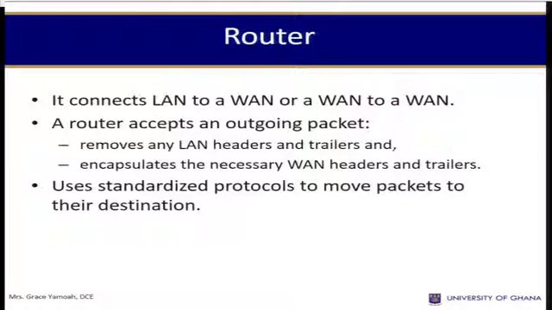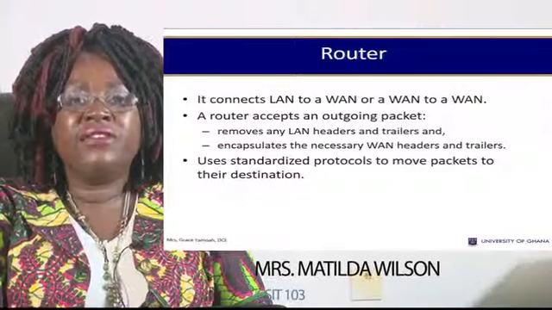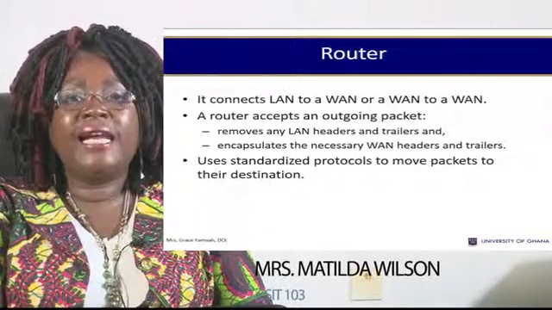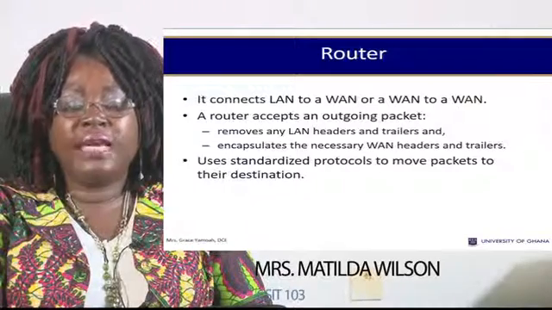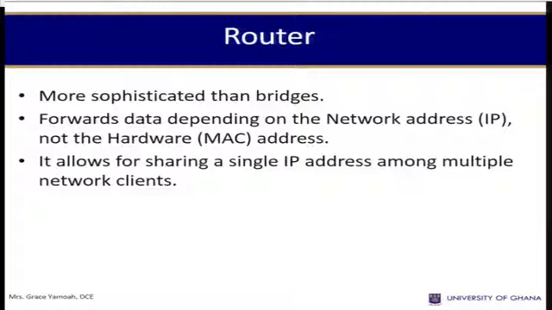A router accepts an outgoing packet, removes any LAN headers and trailers, and encapsulates the necessary WAN headers and trailers. It uses standardized protocols to move packets to their destination. It is more sophisticated than bridges. It forwards data depending on the network address, not the hardware MAC address. It allows for sharing a single IP address among multiple network clients.